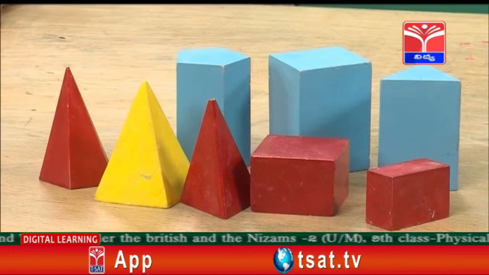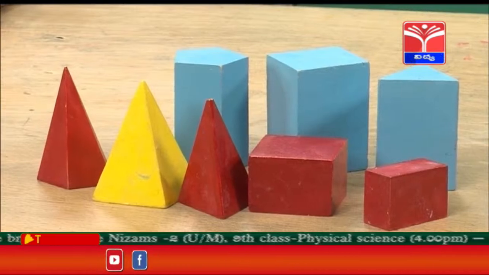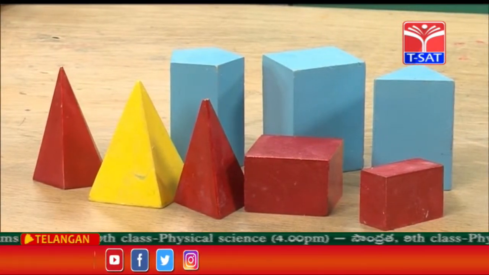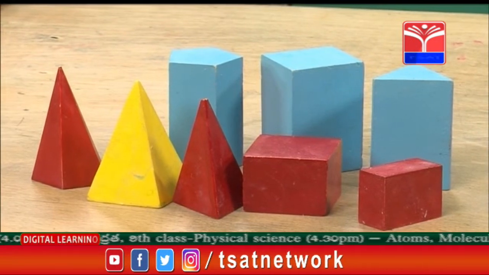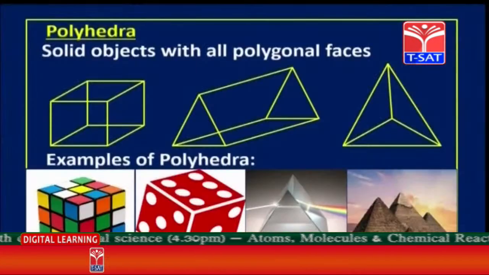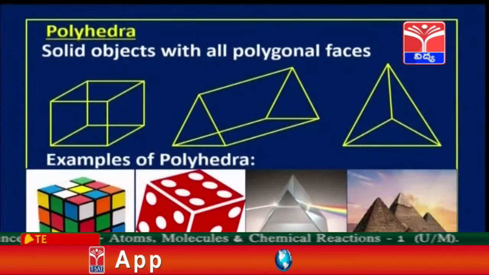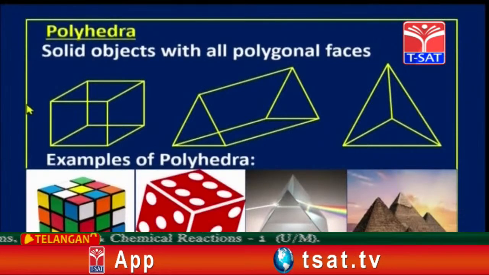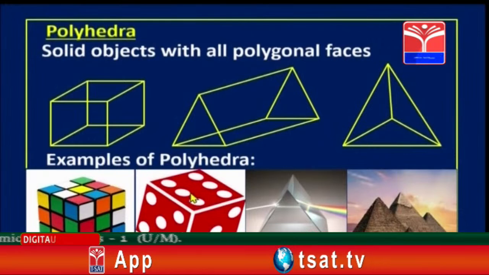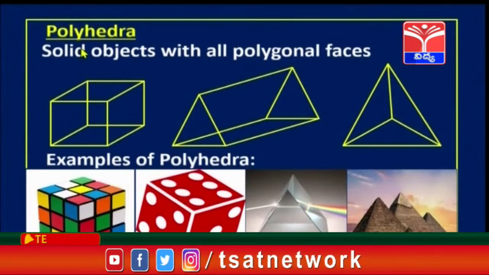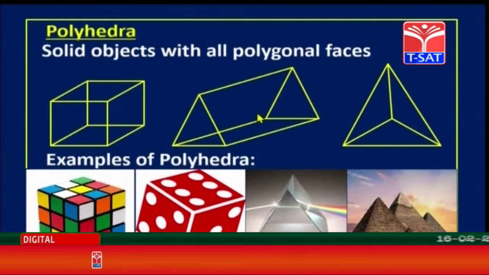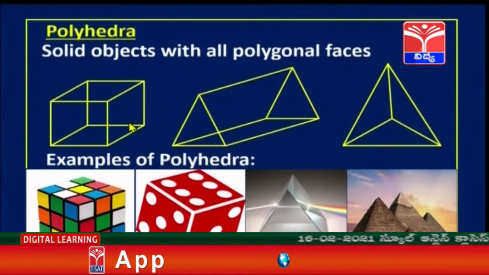So these all are polyhedra because these are the solid 3D shapes which are formed with only polygonal faces. Children, now you can see the names of the examples here. First one is Rubik's cube, second one dice, third one glass prism, fourth one pyramids. These are all examples for which one, children? Yes, polyhedra, because these are 3D objects which are having only polygonal faces.